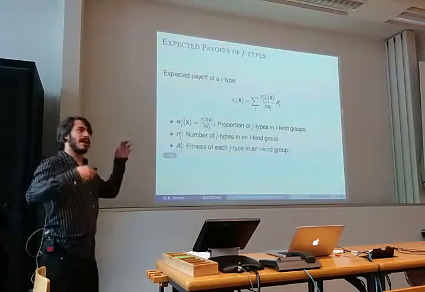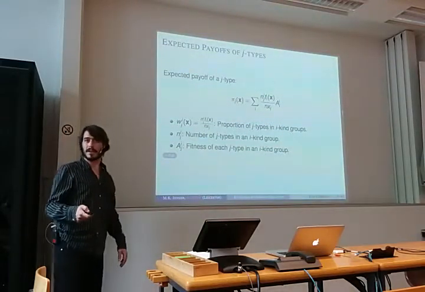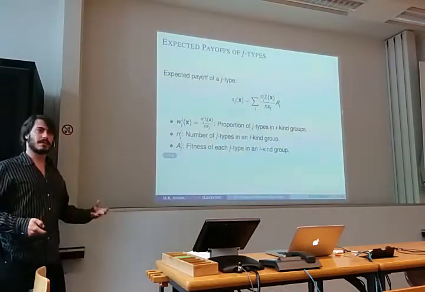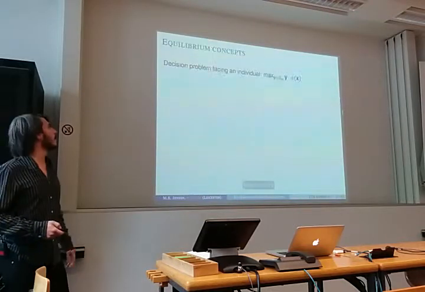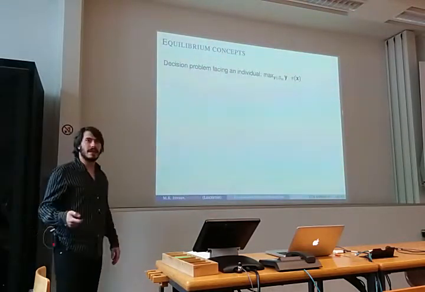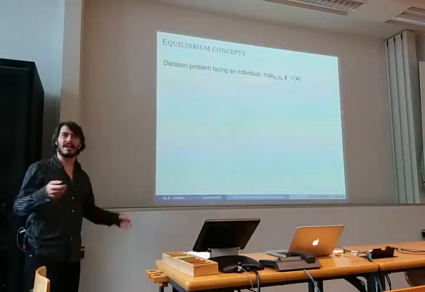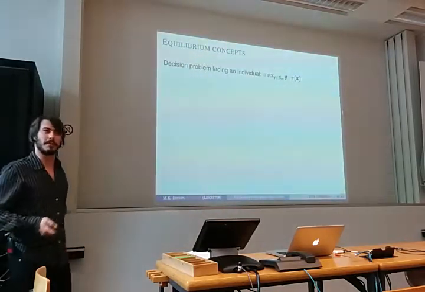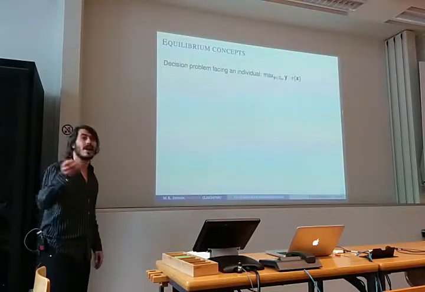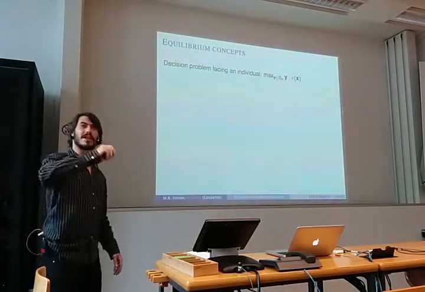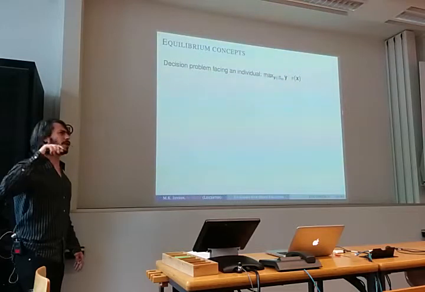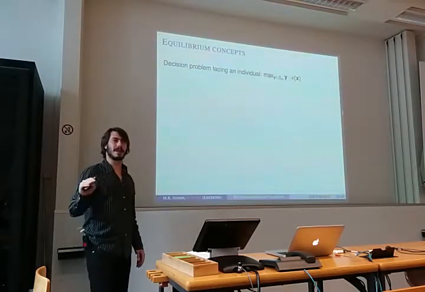So let's try to make our individuals a bit smarter now, and let them think strategically. The whole economic idea is that they will play Nash equilibrium. Let them not know the state of the world. They know the matching rule, that's the only thing they know.